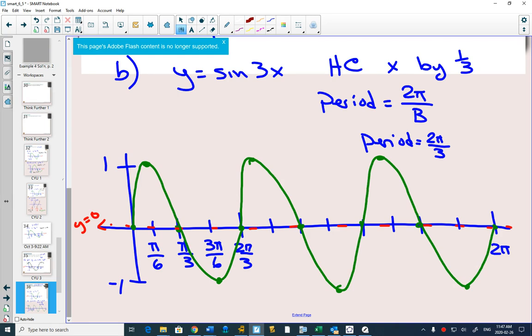And part of the reason they want to show you this is that normally from 0 to 2 pi is one period. With a 3 in there, now from 0 to 2 pi, there's 3 periods in that amount of time because you had a horizontal compression by 1/3.